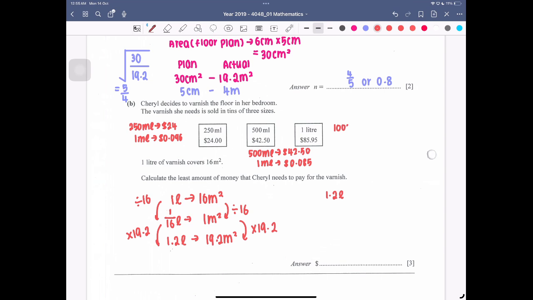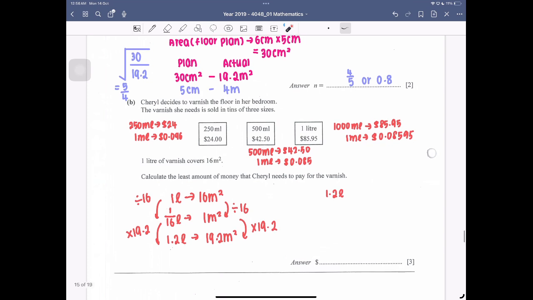1 liter is 1000 ml, which is 85.95. So 1 ml will be 85.95 divided by 1000. You will get 0.08595. If you compare all this, you will realize that this question is very tricky.